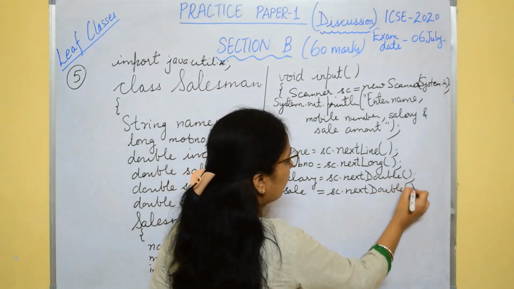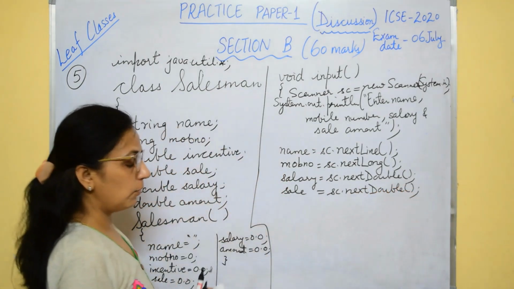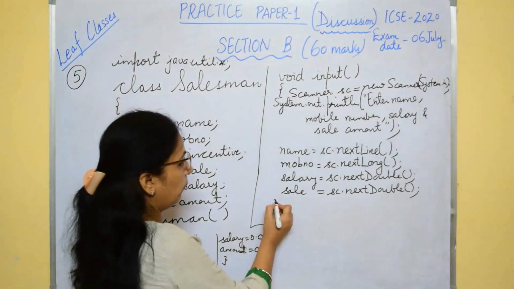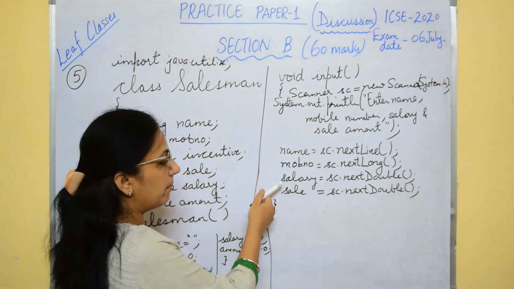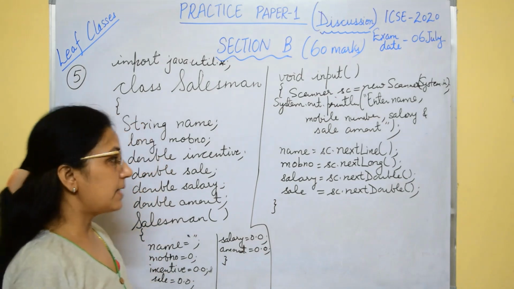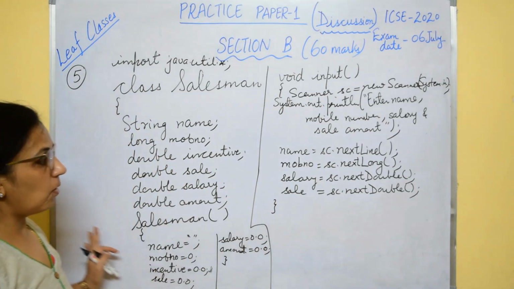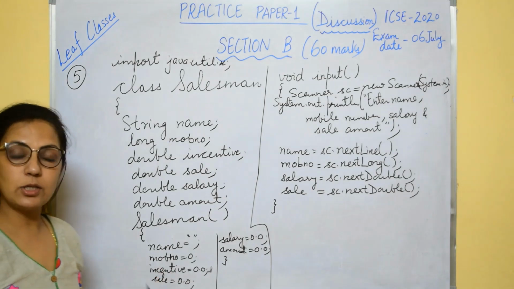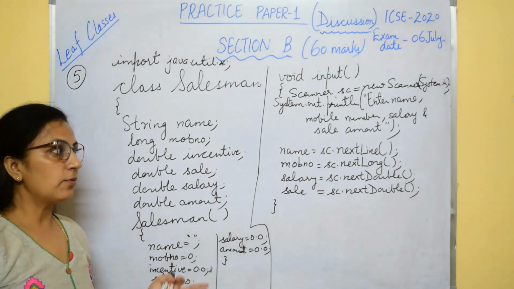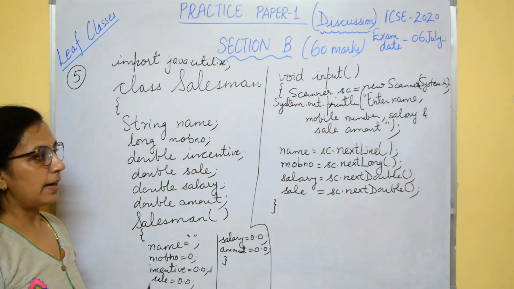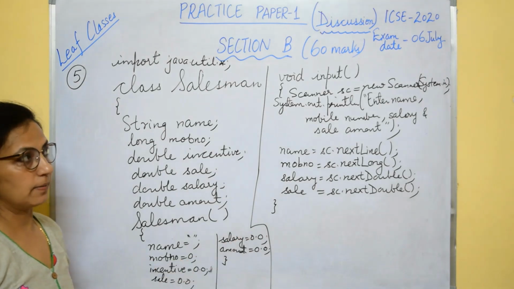So these are the values which you have to input from the user. So we have entered name, mobile number, salary and the sale amount. Just have a look at this screen, and if you want you can note down or check in your sheet where you have done this question, and then I'll write the next function.